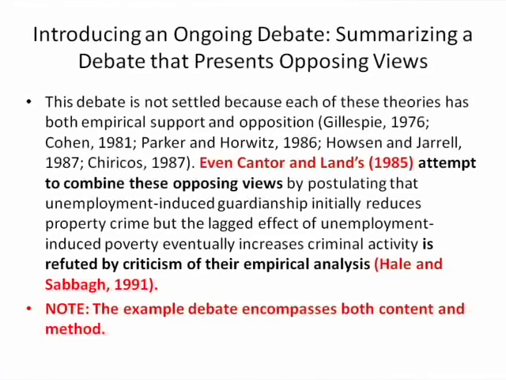This debate, the pointing word, right, is not settled because each of these theories has both empirical support and opposition. You saw that before. Even Cantor and Land's attempt to combine these opposing views, like, okay, there's support and opposition. Now there's a study done that tries to combine the support and the opposition, but Hale and Saba criticized Cantor and Land's methodology in their study.